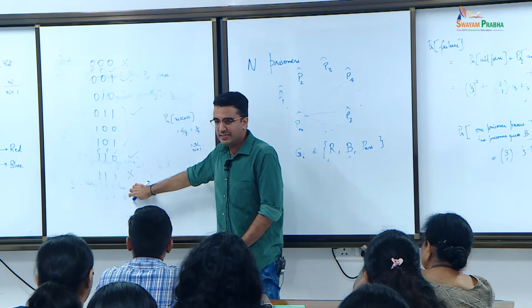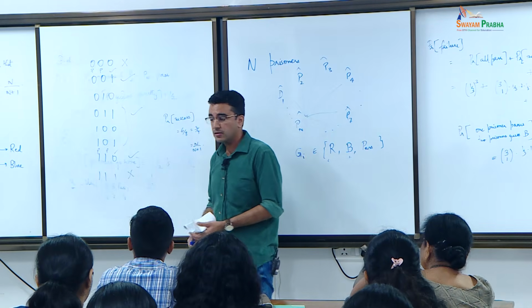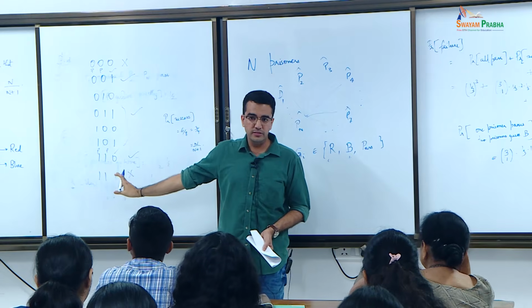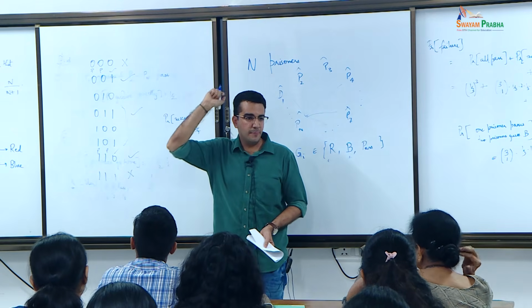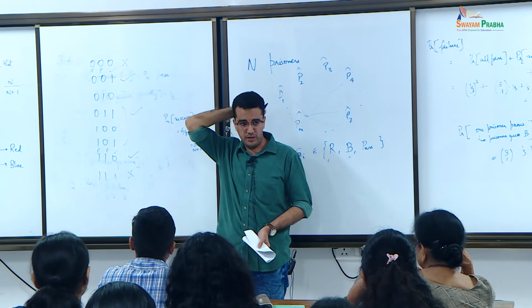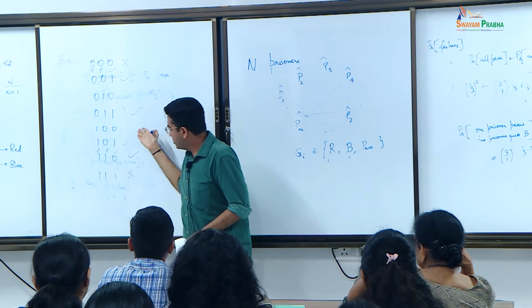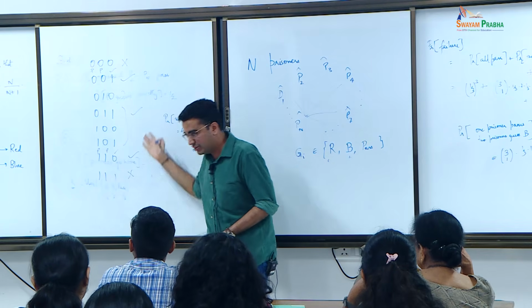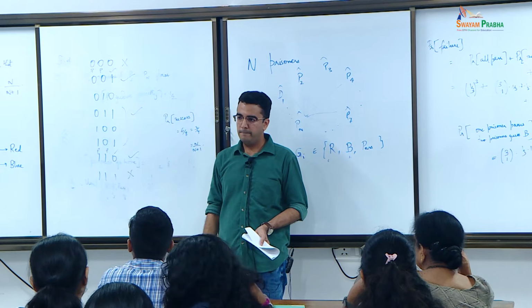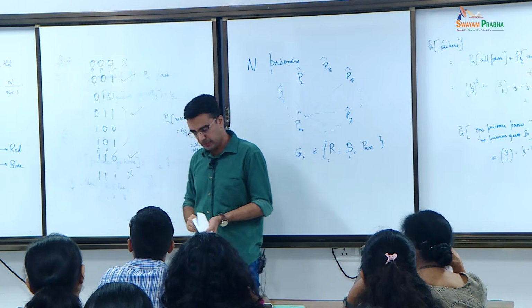Okay, let's look at this example a little more closely. So you have 8 possible configurations. Which of these are bad? The ones with all of them being the same are bad. What can you say about the good configurations with respect to the bad configurations? Two of them are the same and the other one is a different color.